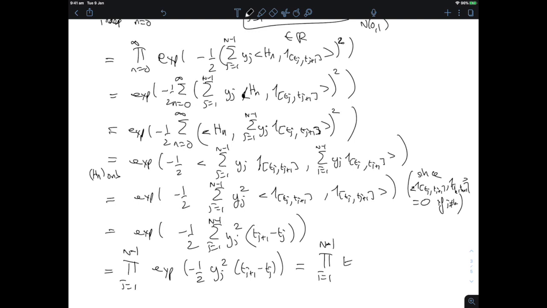So this is the expectation of the exponential of I yj times x tj plus 1 minus x tj. So that gives me both independence and the fact that these variables x tj plus 1 minus x tj are Gaussian distributed, because that's what their characteristic function is. And that concludes the proof. That means this series we've defined really defines the Brownian motion.